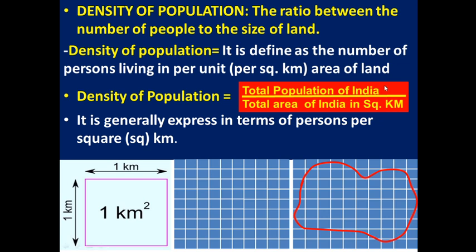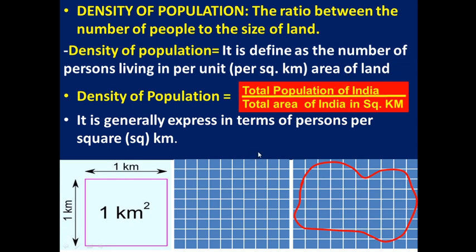The density of population of India according to 2011 is 382 persons per square kilometer. It is generally expressed in terms of persons per square kilometer.